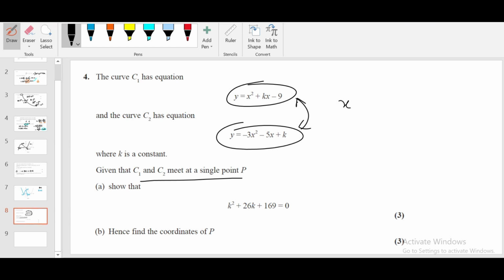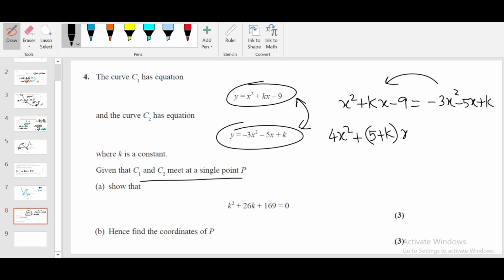So you can write x square plus kx minus 9 is equal to minus 3x square minus 5x plus k. Then move everything to one side, and you will get 4x square plus 5 plus k times x, taking x as a common factor, plus minus 9 minus k. That's the term independent of x.